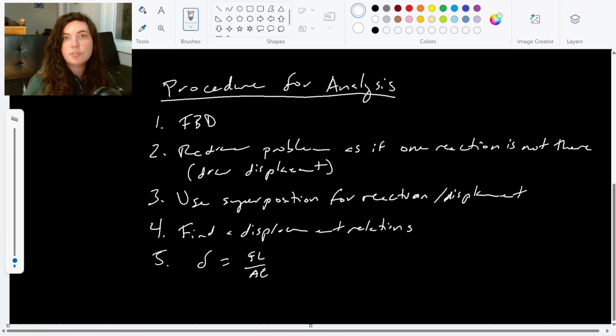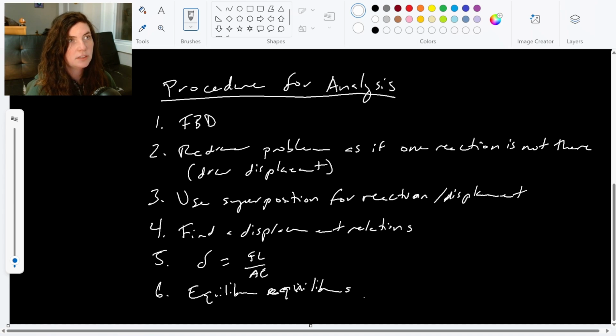So once we substitute that in, we should now have enough equations. Use this in conjunction with equilibrium equations from statics to solve for the reactions.